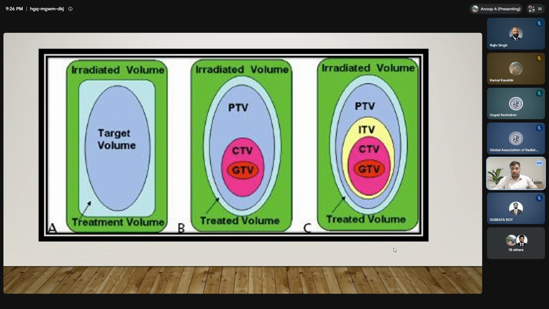The internal margin accounts specifically for internal organ movement, size and shape changes over time. PTV is equal to ITV plus a setup margin, the outer blue envelope added to the ITV to account purely for daily positioning uncertainties, machine alignment, and laser shift.